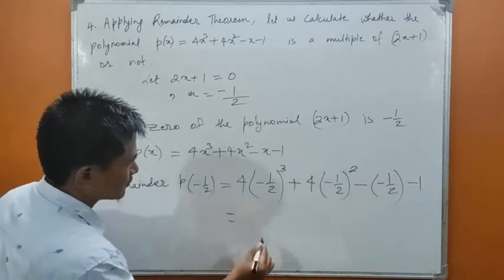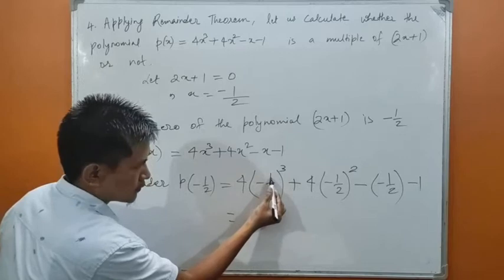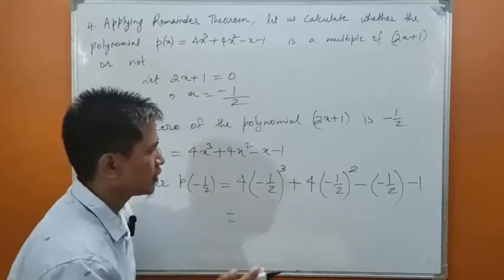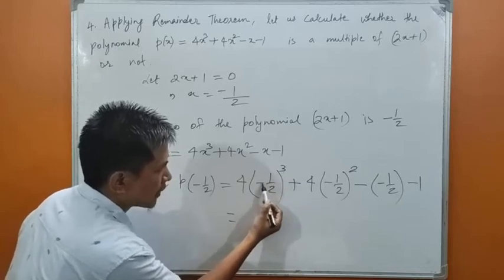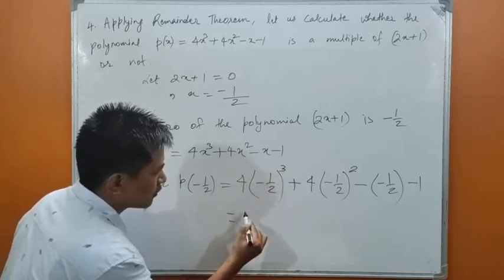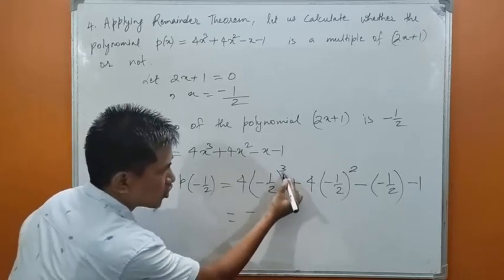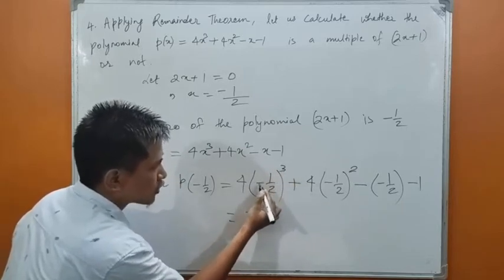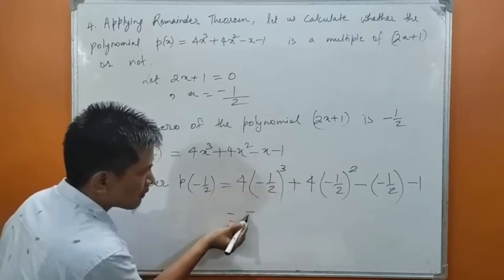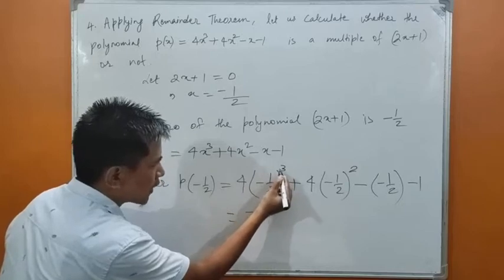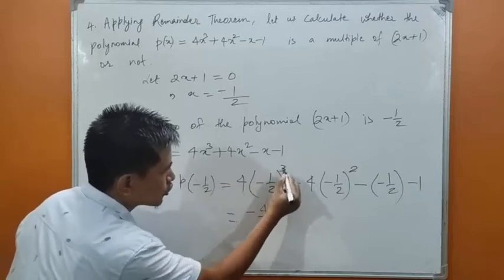So 1 cubed is 1. Let us first check our sign. Since the power is an odd number, 3 is odd, the sign will remain minus, so minus into plus will become minus. 1 cubed is 1, and 1 into 4 is 4, divided by 2 cubed is 8.